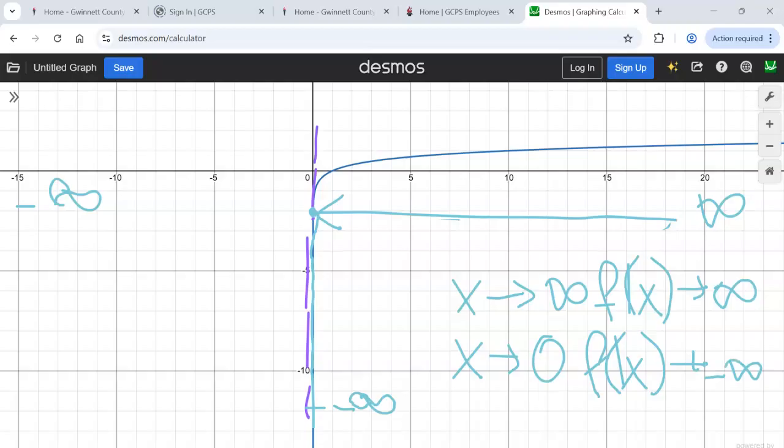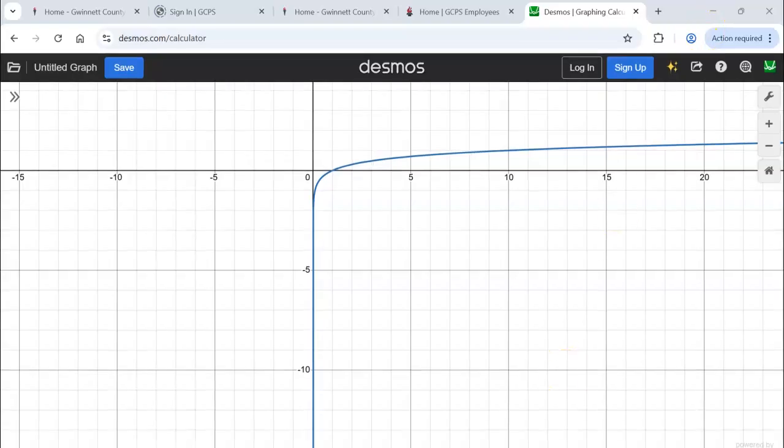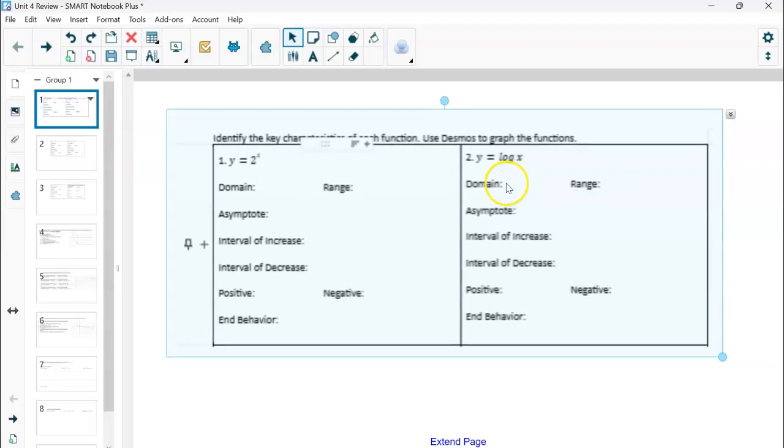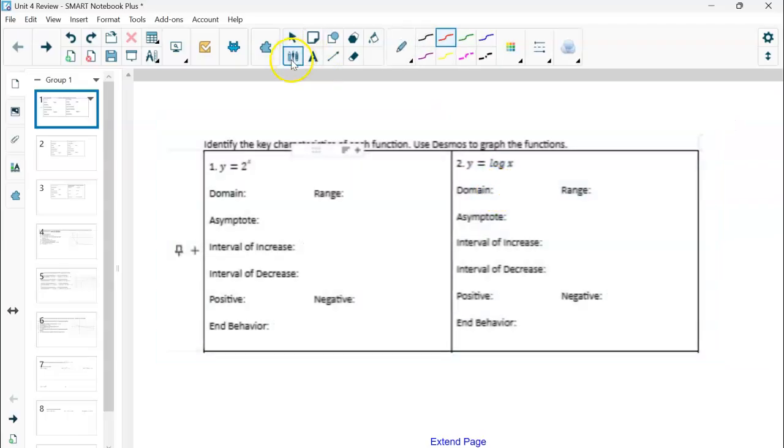All right, so now let's write it all down in one place, okay? All right, guys. So again, domain was your asymptote, which was 0 to infinity. And the range was all real numbers, or infinity to infinity. Asymptote was vertical at x equals 0, not y equals 0. Increase, no decrease.